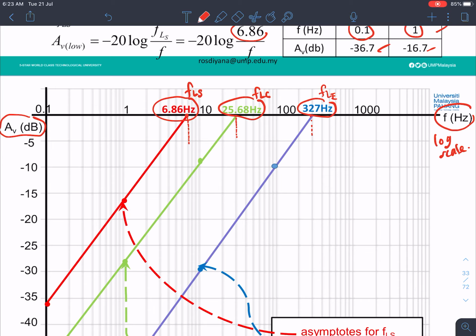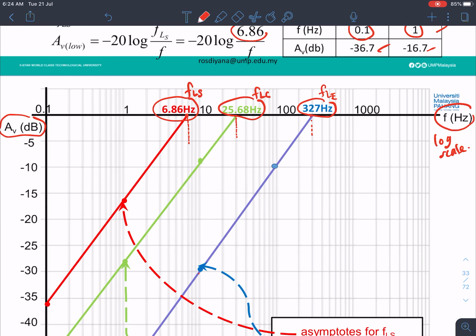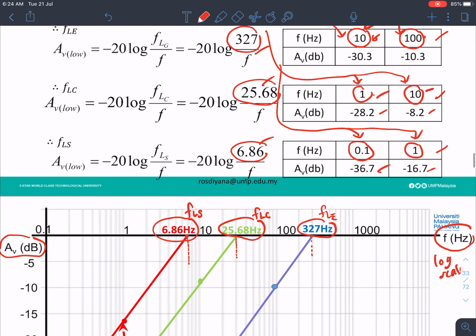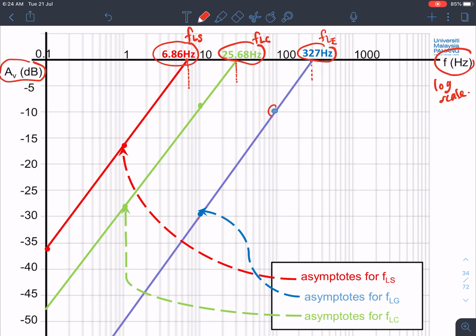You see, this value is in the range 100 and 1000. But to get its point here, we took a decade in front of its value. So for the 327, this point that you calculated previously, you get from this one, this one and this one, then you plot in this graph. So you get this point, this point, this point, this point, this point, and this point.